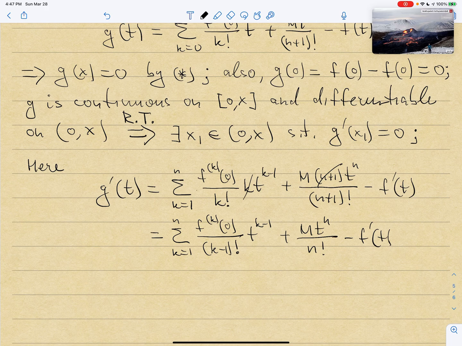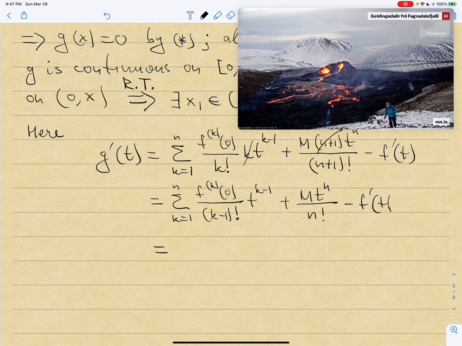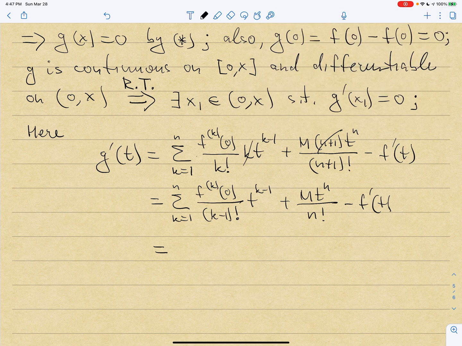All right. And actually, let me simplify this a bit further. So this is the same thing as, and let me use a different index here. So let's say L is going to be equal to k minus 1. Then we have a summation. If k starts from 1, L starts from 0.